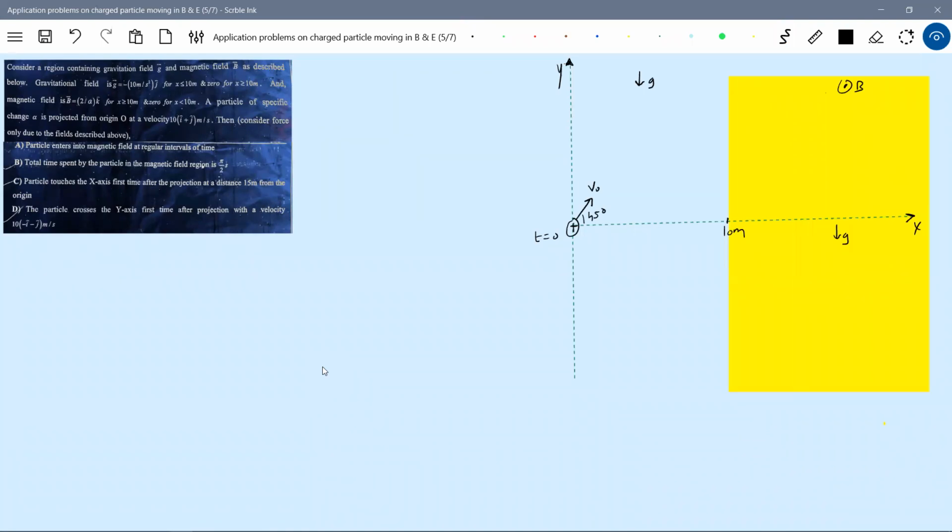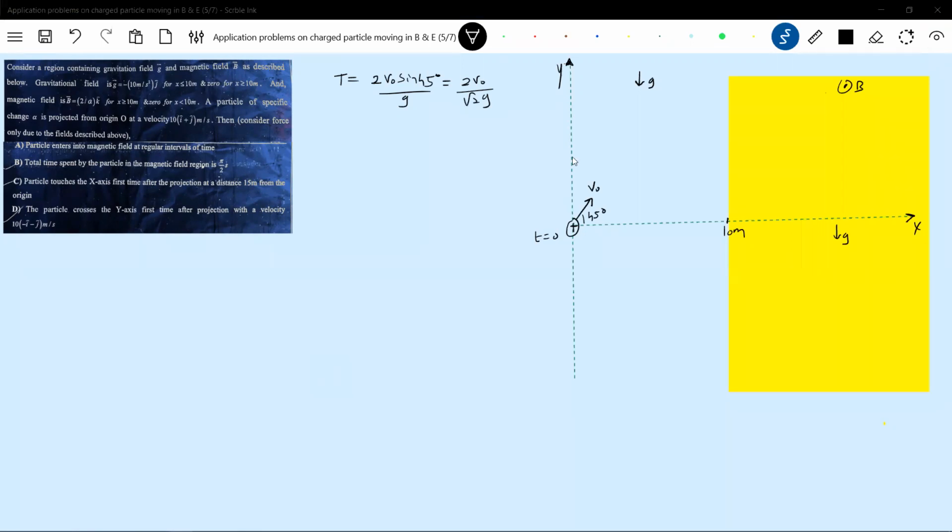Okay, let's get into this. The time of flight we'll calculate. So the time of flight of the particle will be 2v0 sine 45 degrees by g. No g.